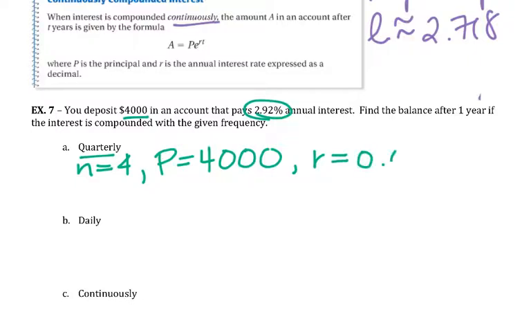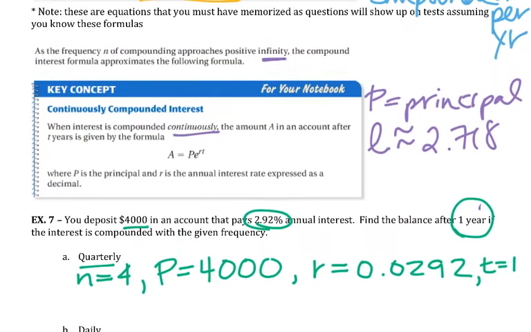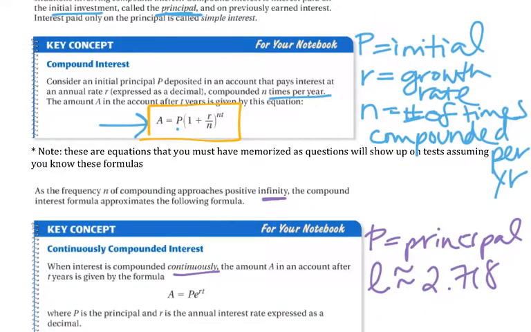So that's 0.0292. And then it's asking for the balance after 1 year. So T is 1. So let's plug it into the formula for compound interest. So we're going to use this one.